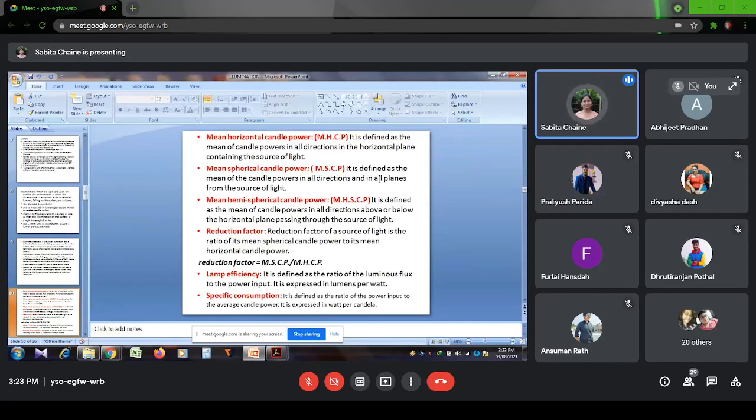Reduction factor is the ratio of MSCP divided by MHCP, spherical to horizontal. What is the energy reduced? That is known as the reduction factor. Whether it is a spherical plane or a horizontal plane, if you take the ratio, then you are finding the reduction factor.